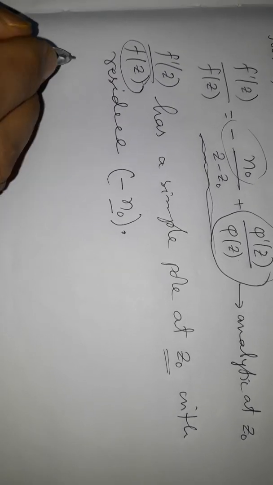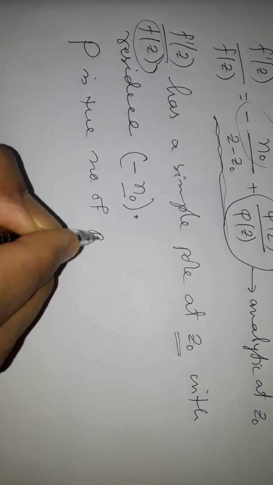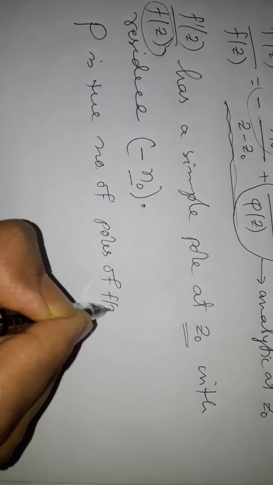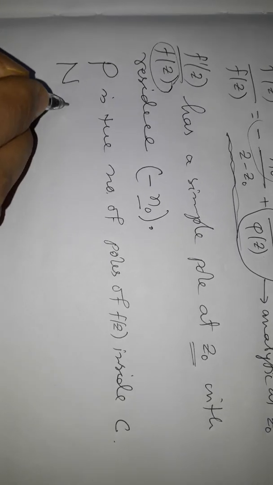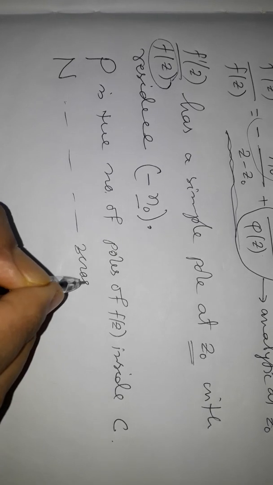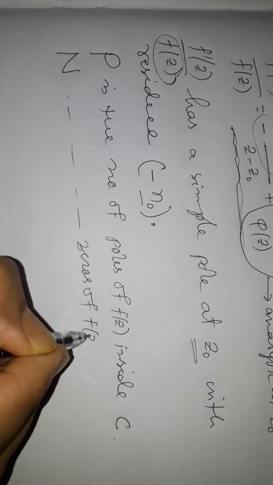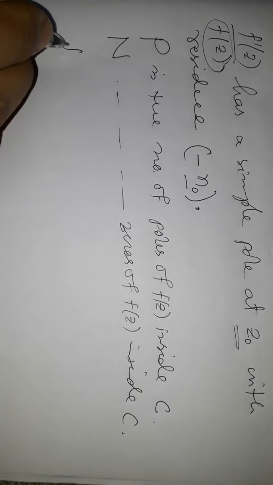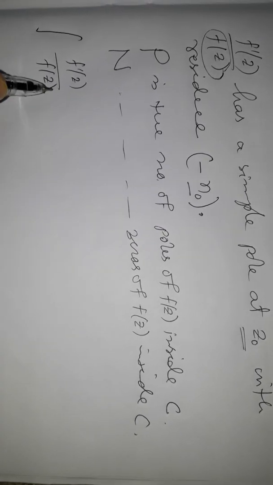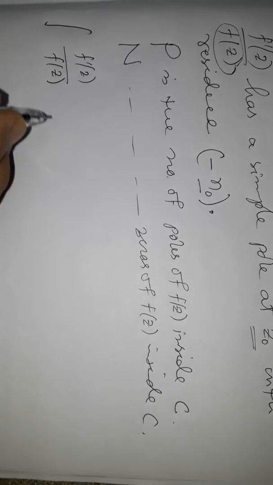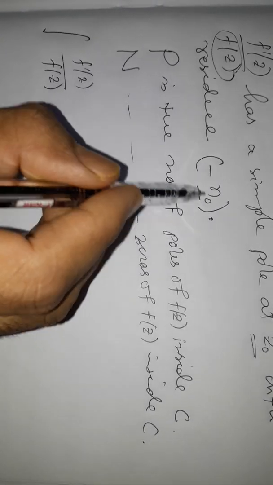Okay, and in that theorem we already had that p is the number of poles of f z inside C, and n was the number of zeros of f z inside C. So therefore we have seen that f prime z by f z has simple poles at those singularities, and the residue is the summation of the residues.